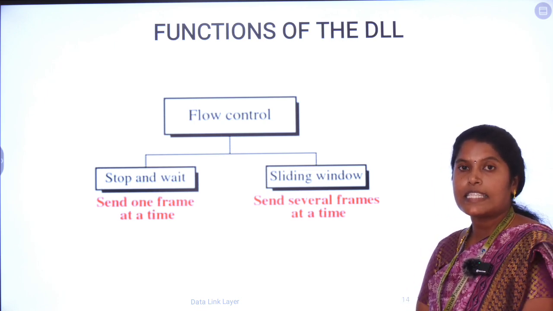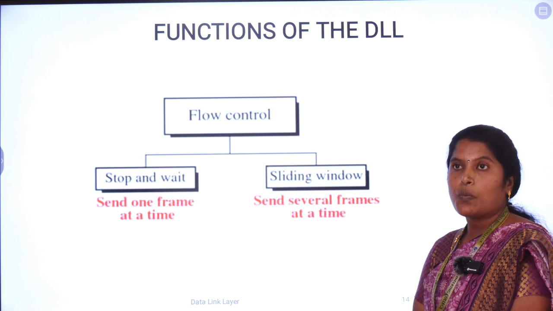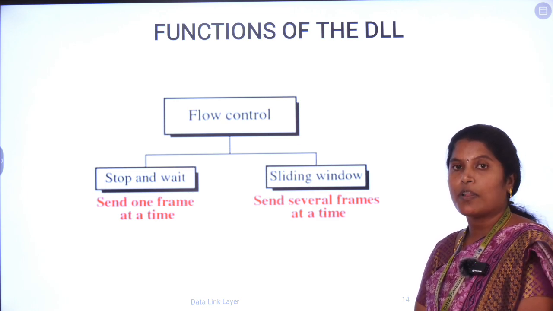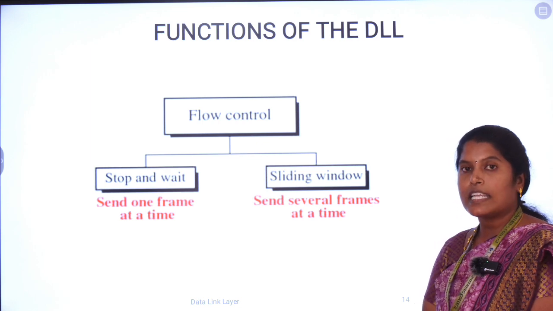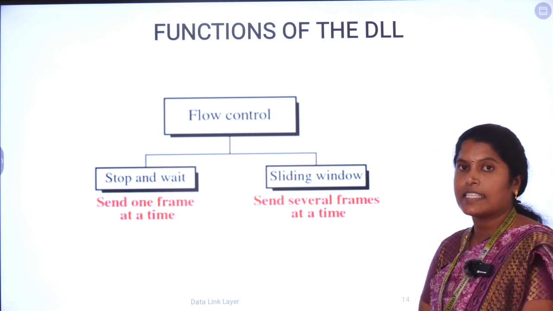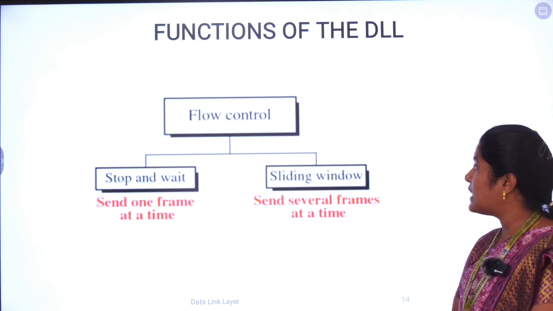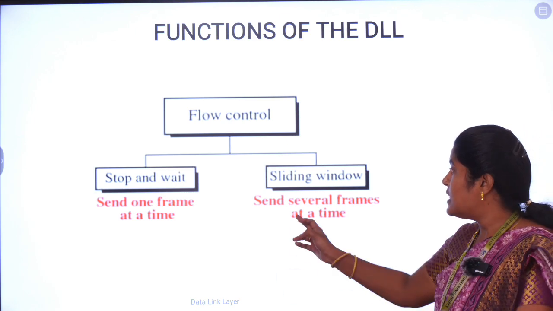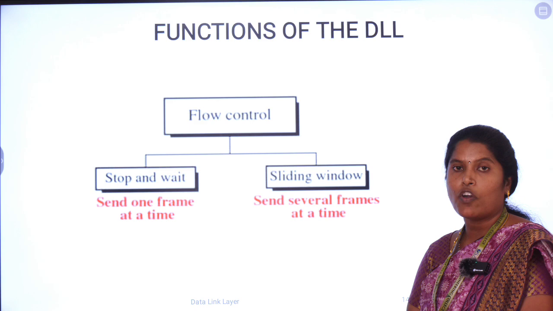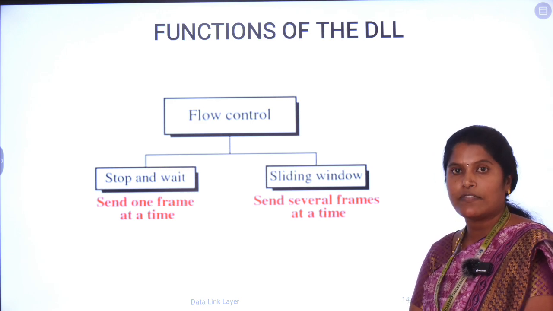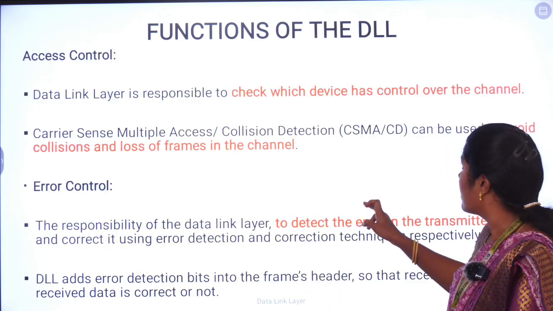When the sender sends a frame, it has to wait until it receives the acknowledgement from the receiver that the frame has been received successfully. Once the sender receives the acknowledgement, it sends the next frame. Whereas in sliding window protocol, it sends several frames at a time, which means the sender does not wait for any acknowledgement from the receiver end.